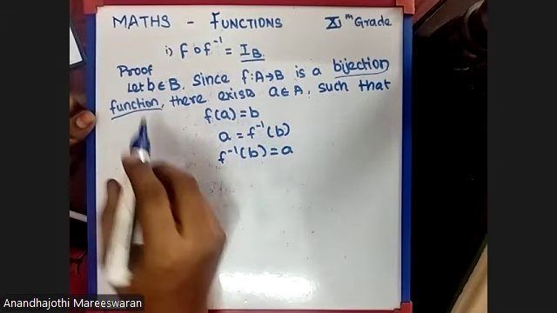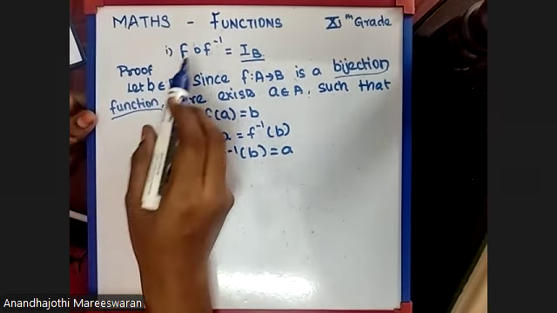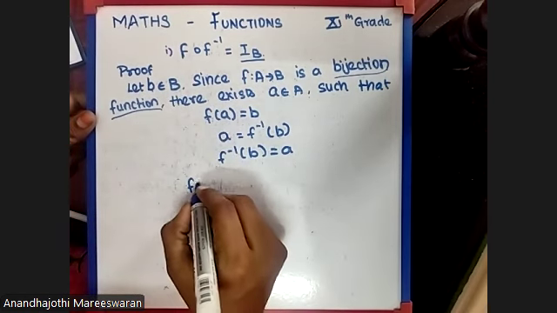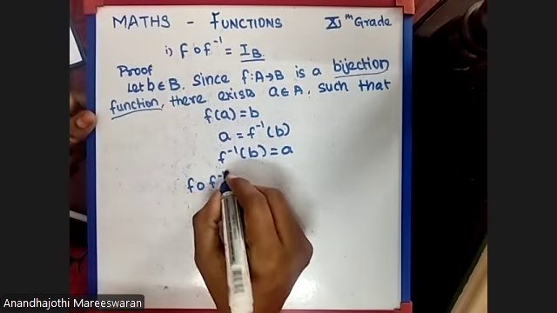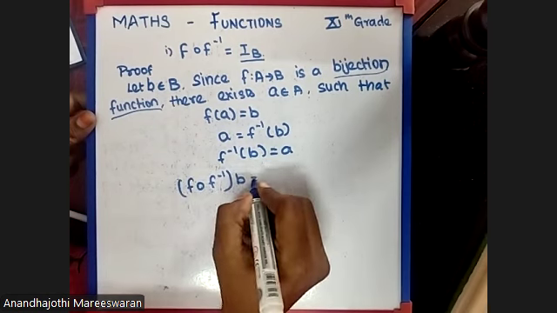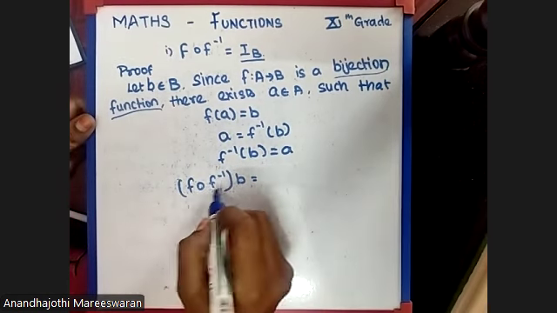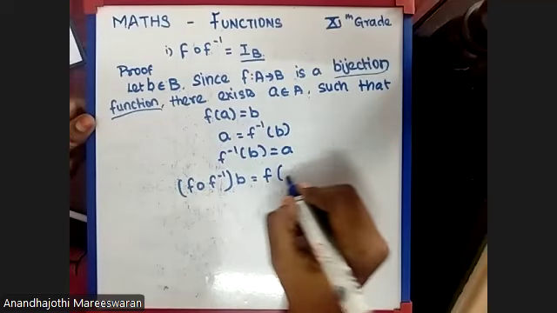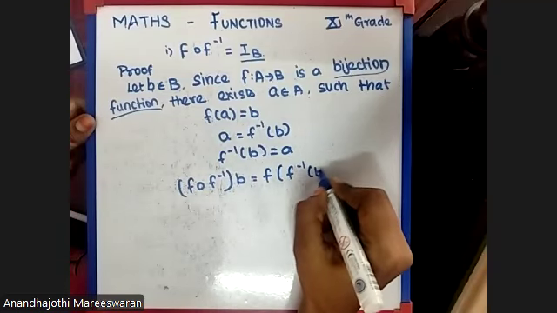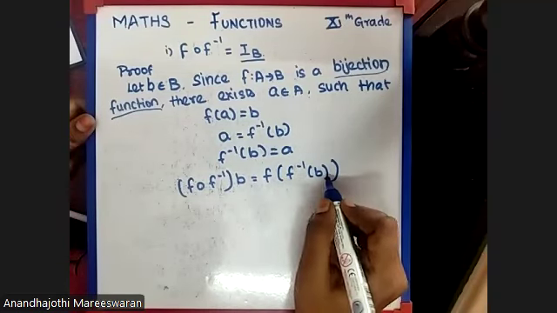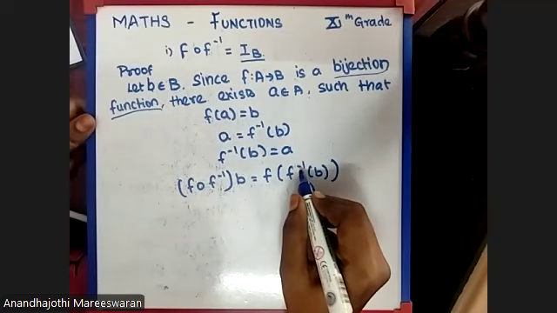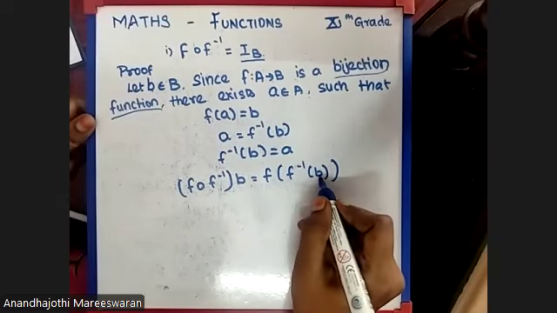Right. Now, we are going to put this element in this function. So f circle f inverse of b equals, now we are going to explain this f circle f inverse. So f of f inverse of b. So what do we have here? f inverse of b. What is f inverse of b?